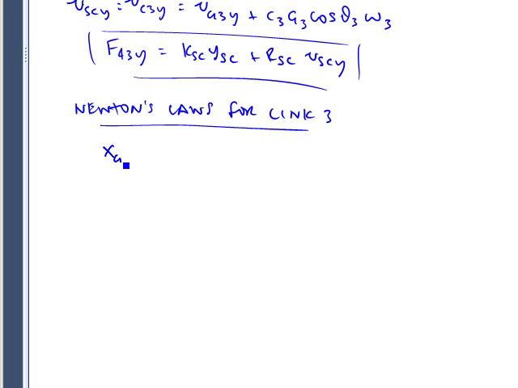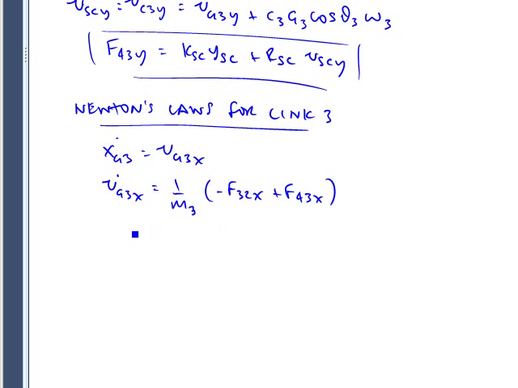We're going to have xg3 dot is vg3x, and the real Newton's law equation, vg3x dot, is going to be 1 over m3 times the sum of the forces in the x direction, which should be a minus f32x plus an f43x.